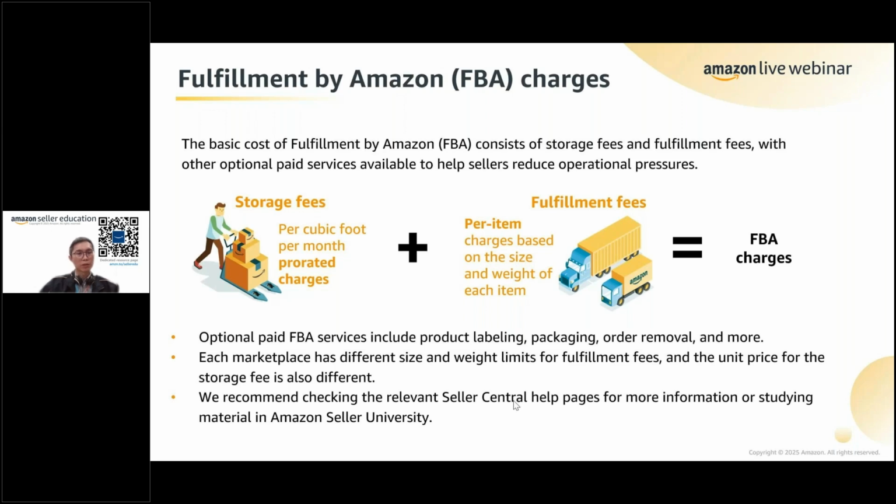Different Amazon stores may have different requirements or limits for using FBA. So I highly recommend you check the Seller Central help pages on the relevant stores that you want to sell in, to make sure you get the most updated fees information.